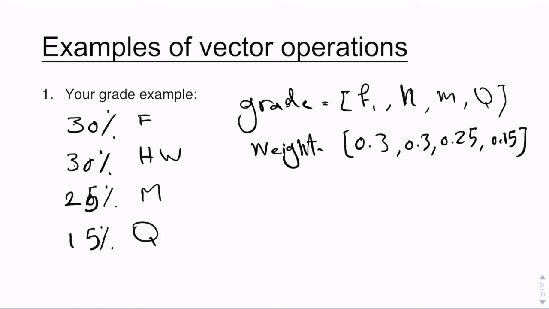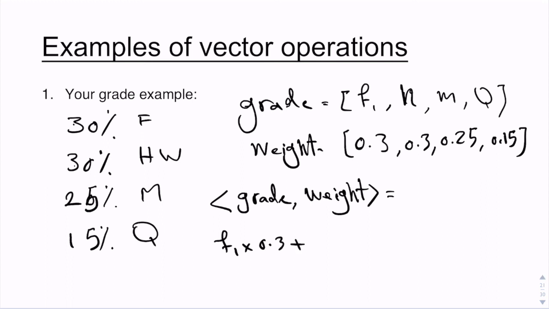Then I take the dot product of the grades and the weights. This dot product gives me the weighted sum of your grades: F times 0.3 plus H times 0.3 plus midterm times 0.25 plus quizzes times 0.15.